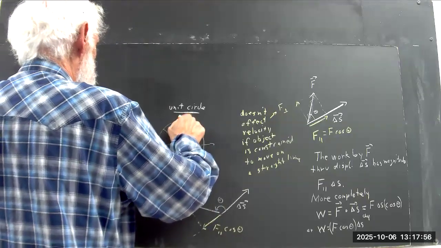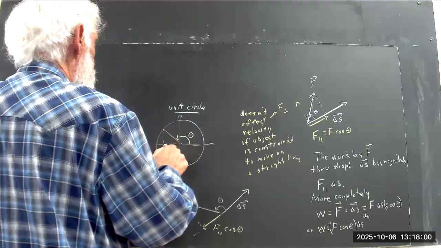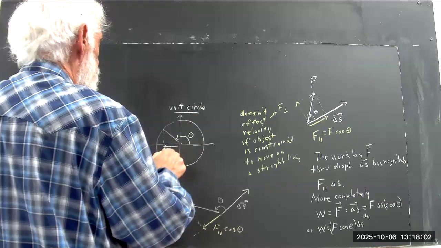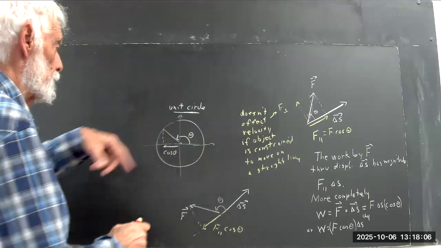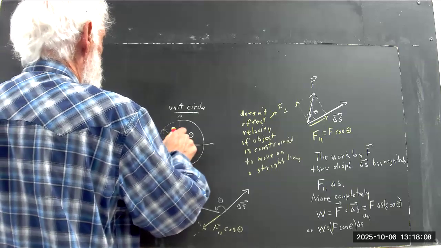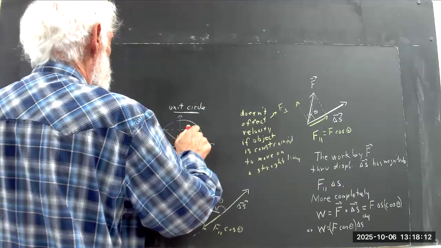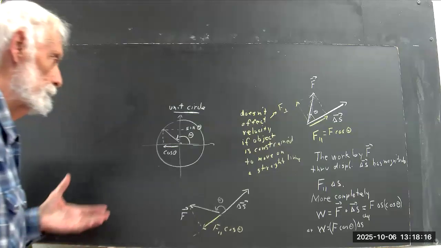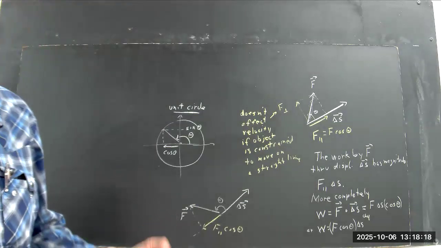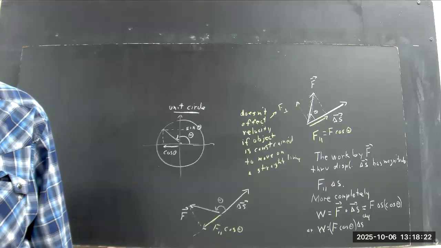Then you've got your X and Y axes. You've got a triangle here, and this leg is the cosine of theta, and this leg is the sine of theta. You should always have that picture in your head. You should draw it every time you use it, so you reinforce it.